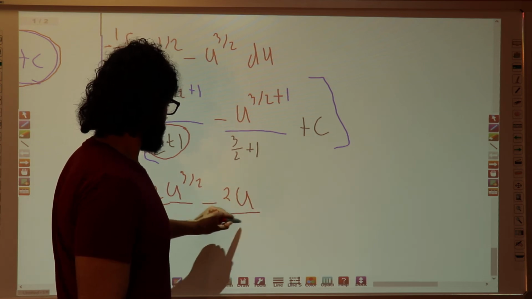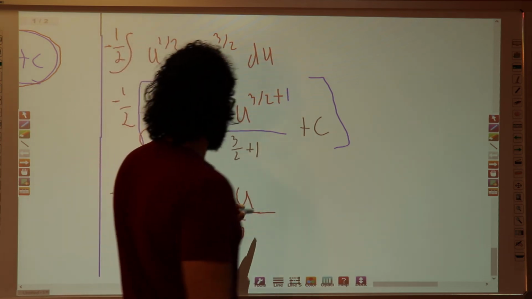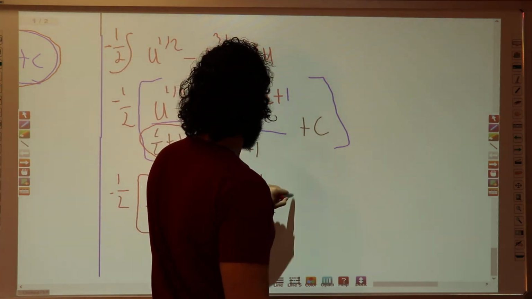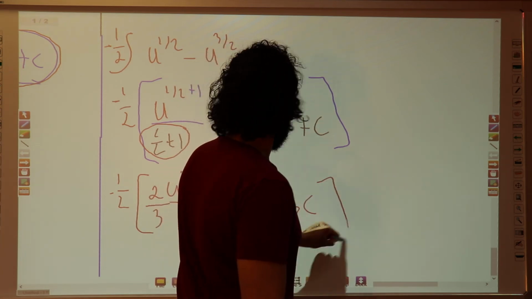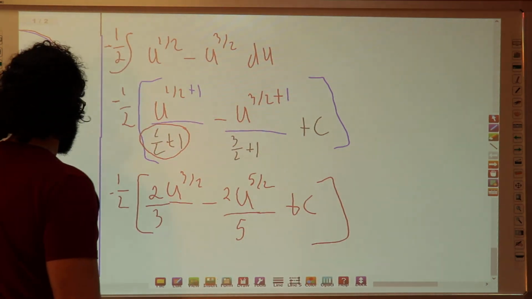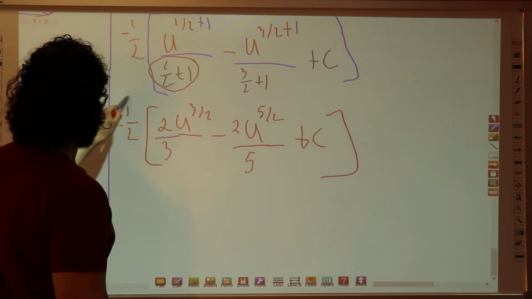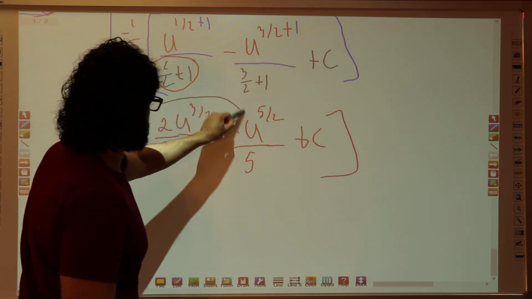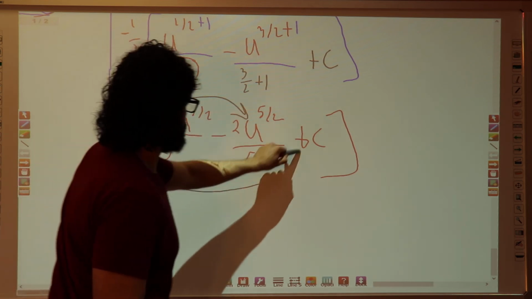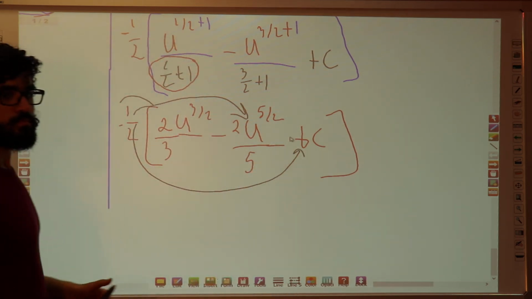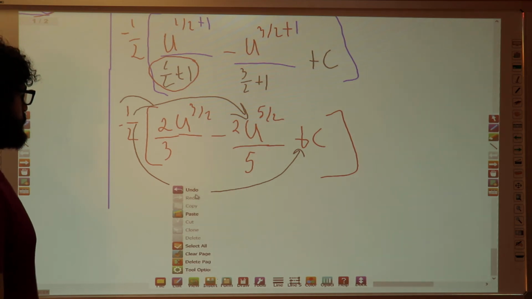You improved a lot, Ismail. A lot. 5/2. The last step is what? I don't need any multiplication.